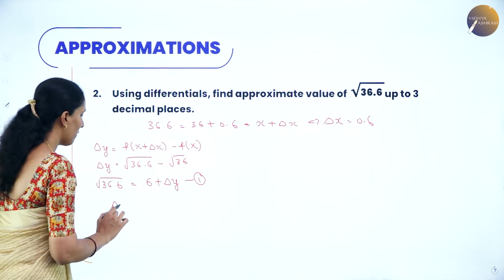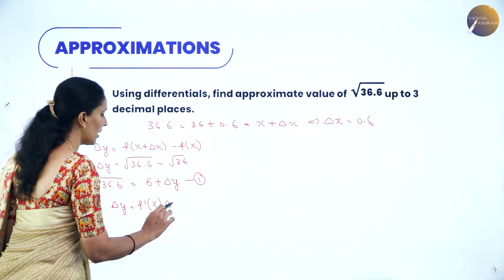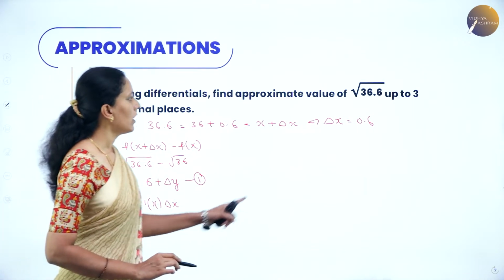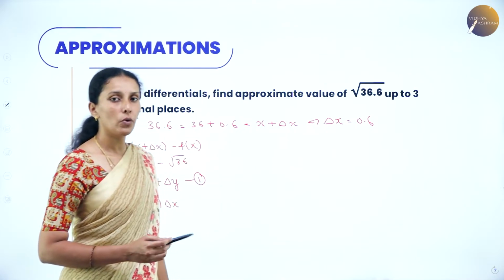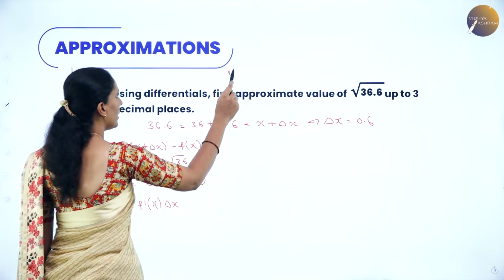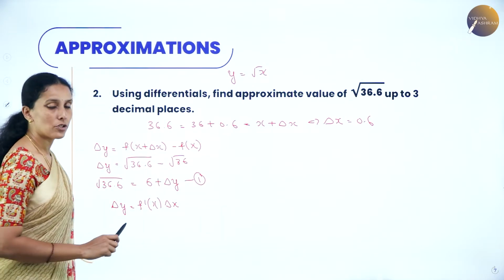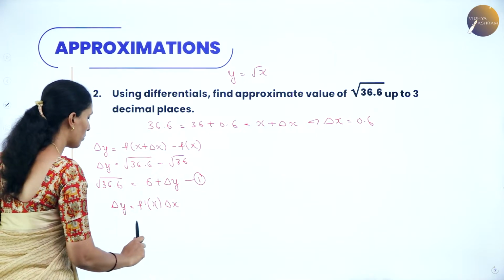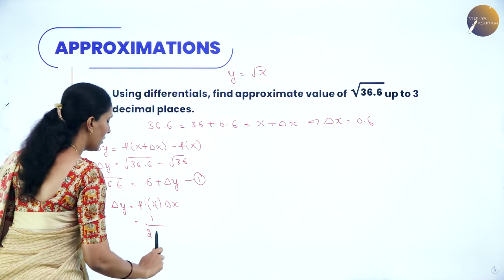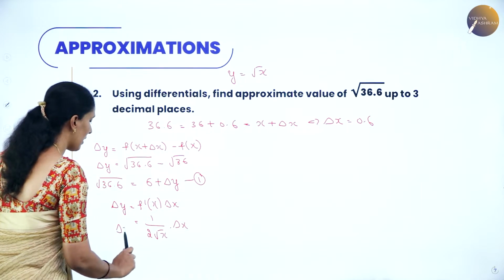Now we need delta y. Delta y is again nothing but f dash of x into delta x. So we have here y in the form of root x. So therefore what is y dash or dy by dx? It is 1 by 2 root x. Thus we have 1 by 2 root x into delta x. So this is our delta y now.